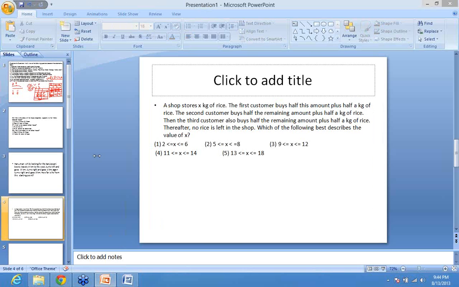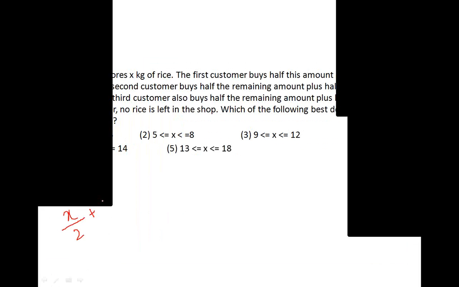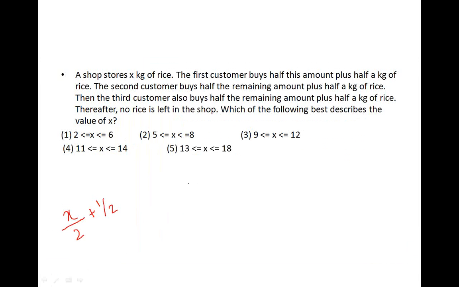See, the question says that every time a customer buys X by 2 plus 1 by 2, where X is the quantity of rice. Now supposing we take an even number as X.